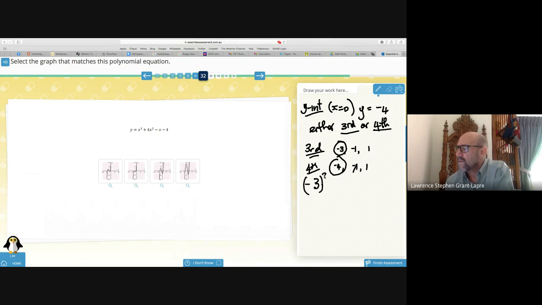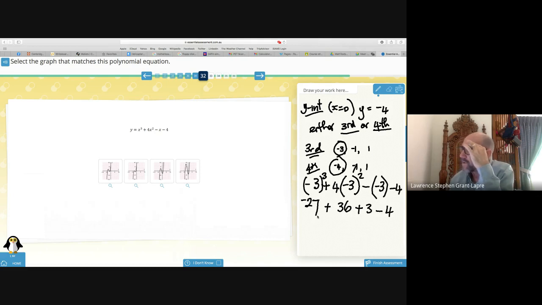So let's substitute -3 into the equation and see which one crosses the x-axis. -27, 4 nines are 36, plus 3 minus 4. So we've got 39 and negative 31, not 0. All right, so maybe it's not the third one.